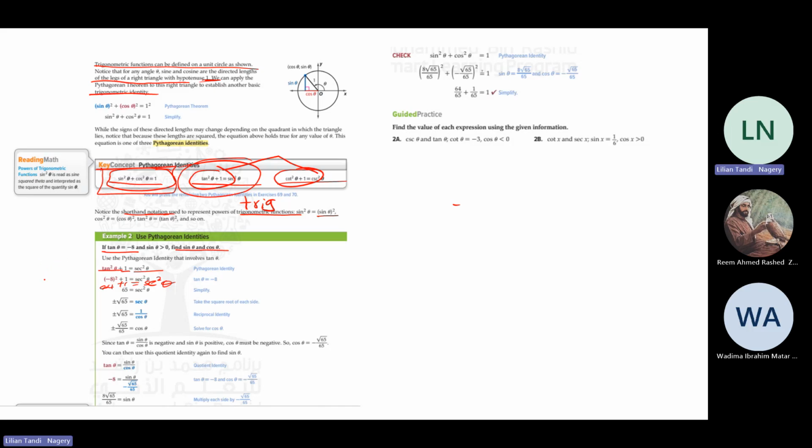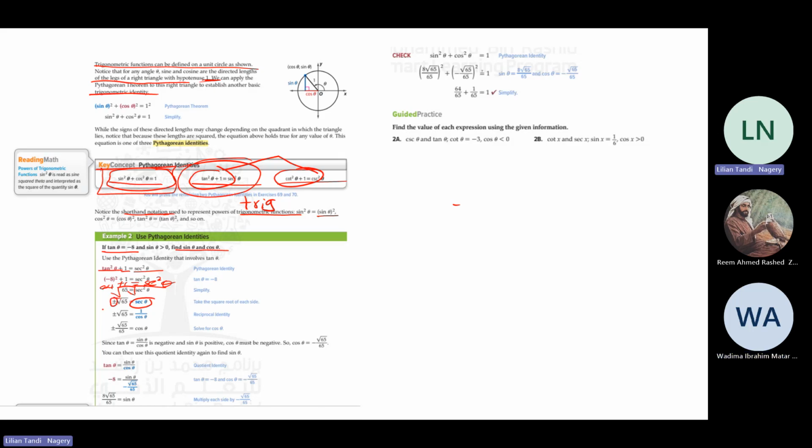Up to here, we are good? Yes. Okay. Then, what did we say? The square root of a number. I want sec theta now. I should square root both sides. A number has how many roots when you're square rooting it? Two.